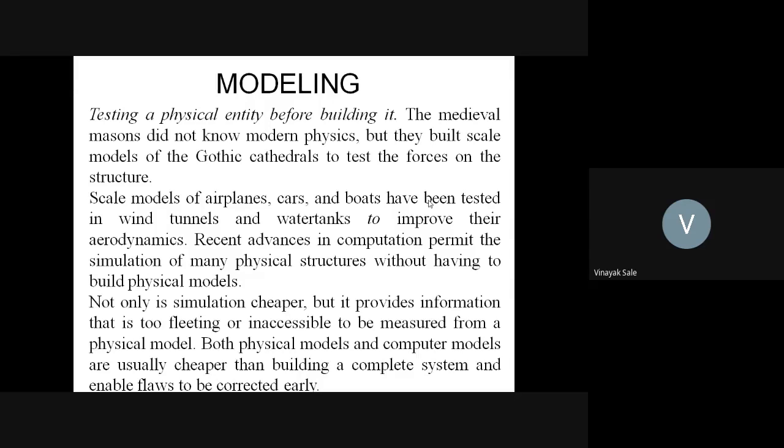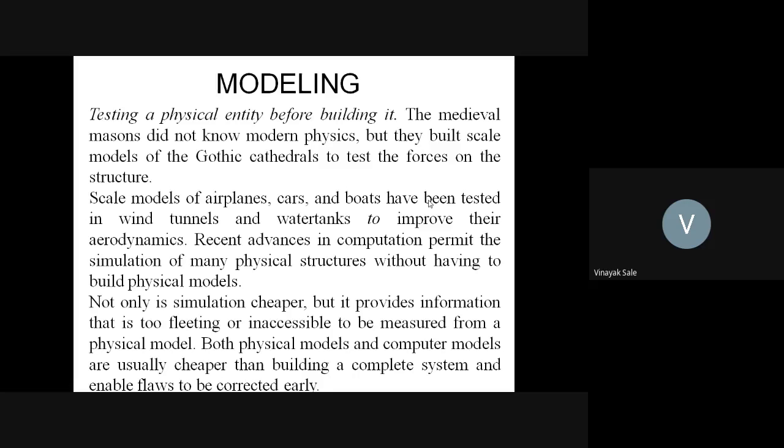Recent advances in computation permit the simulation of many physical structures without having to build physical models. Not only is simulation cheaper, but it provides information that is too fleeting or inaccessible to be measured from a physical model.